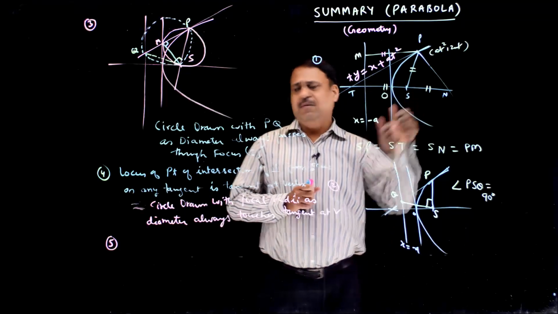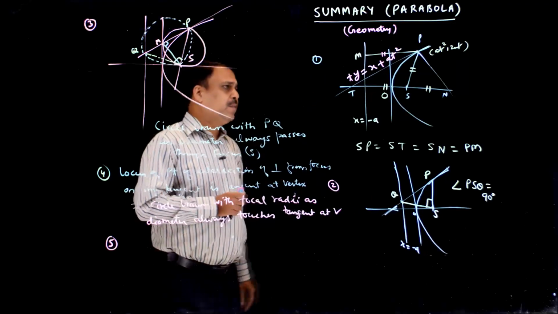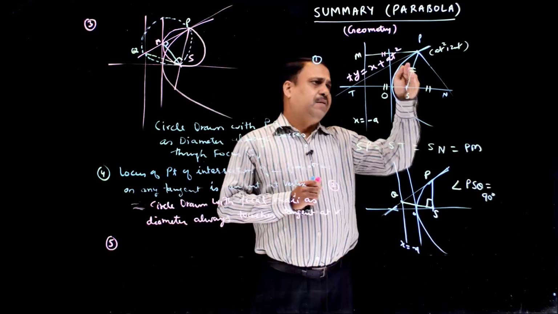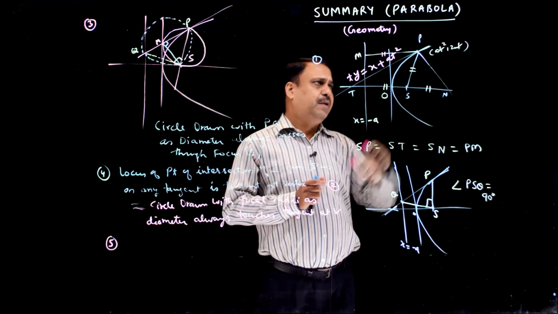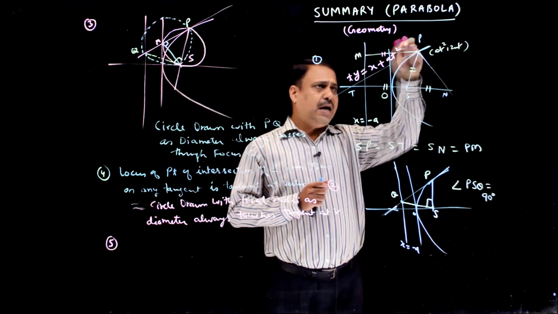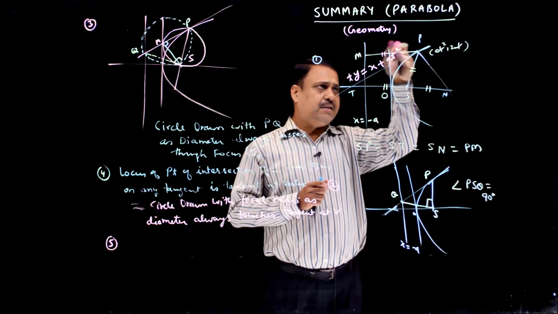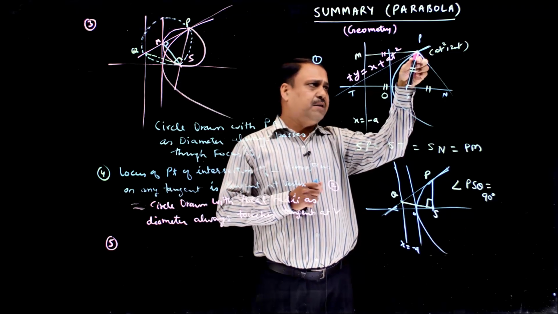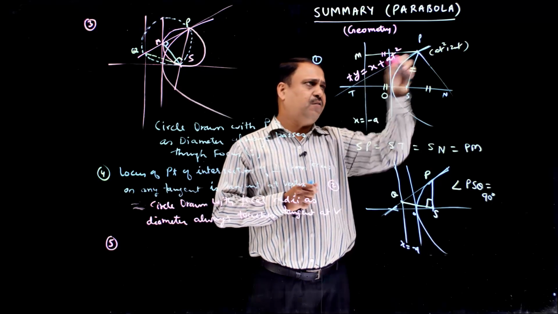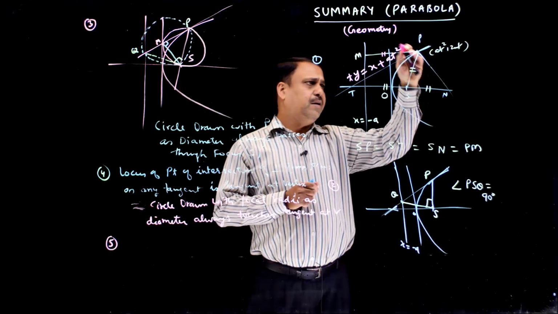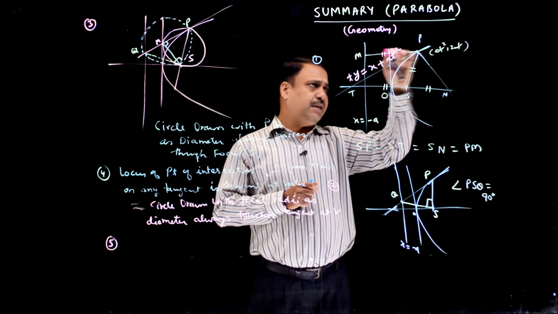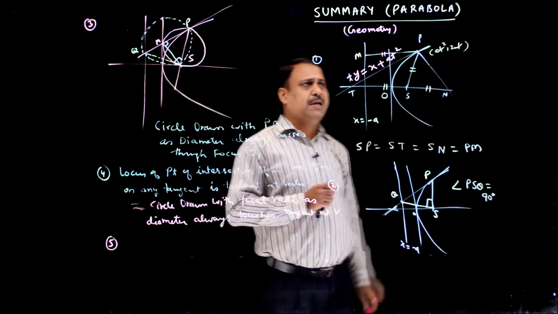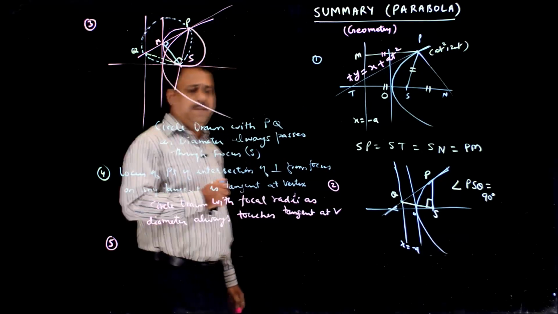First, let me explain what the reflection property is. The idea is that this tangent and this normal are the internal and external angle bisectors of angle SPM.